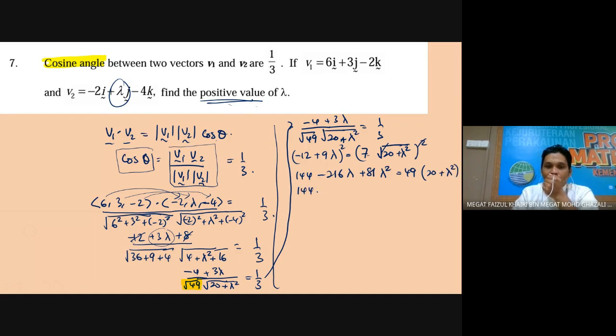So 144 minus 216 lambda plus 81 lambda squared equals 49 times 20, 980, plus 49 lambda squared. Okay, now if I bring all this over, 144 minus 216 lambda plus 81 lambda squared minus 980 minus 49 lambda squared equals 0.